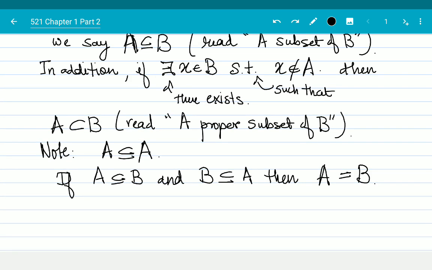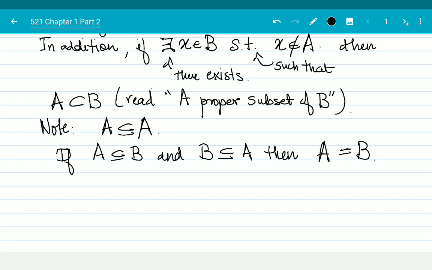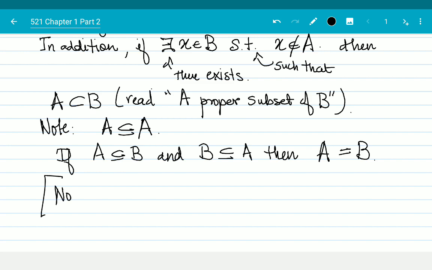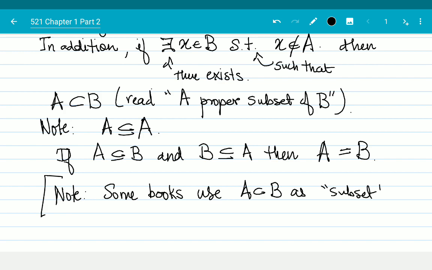Note, some books use subset to mean what we call a subset, and subset with a not-equal sign as proper subset.